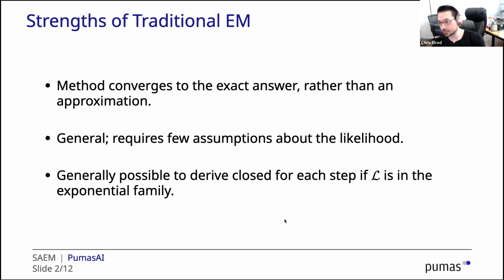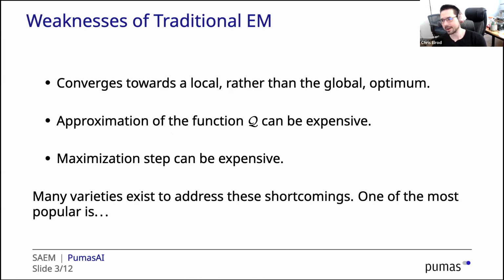And in certain models, particularly if you have exponential family, you might be able to define closed form solutions for both steps, which of course would make the algorithm fast. Unfortunately, in reality, our models tend to never be in the exponential family.